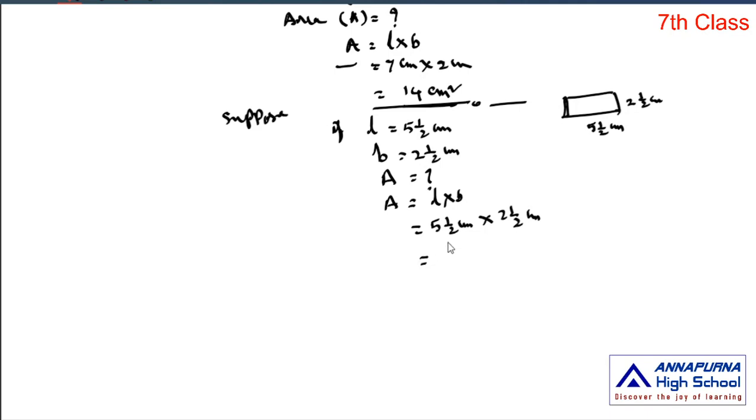As we know, if there is a mixed fraction, convert it into an improper fraction. 2 5s are 10 plus 1, 11 by 2 centimeters into 2 2s are 4 plus 1, 5 by 2 centimeters. What are these two numbers? Fractional numbers. Here 11 by 2 and 5 by 2 are fractions.